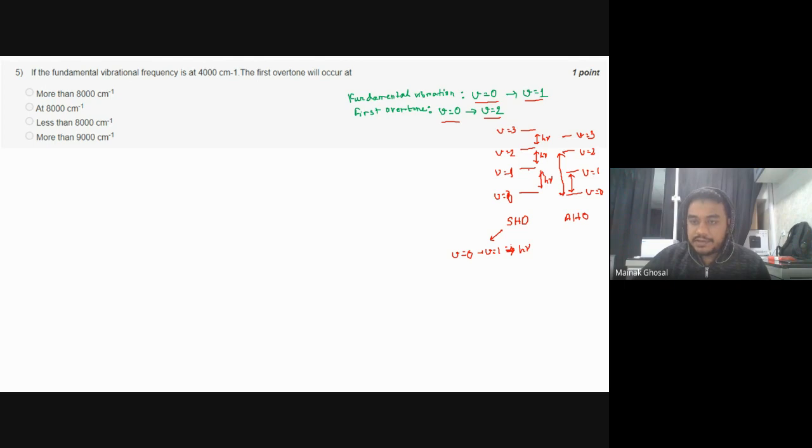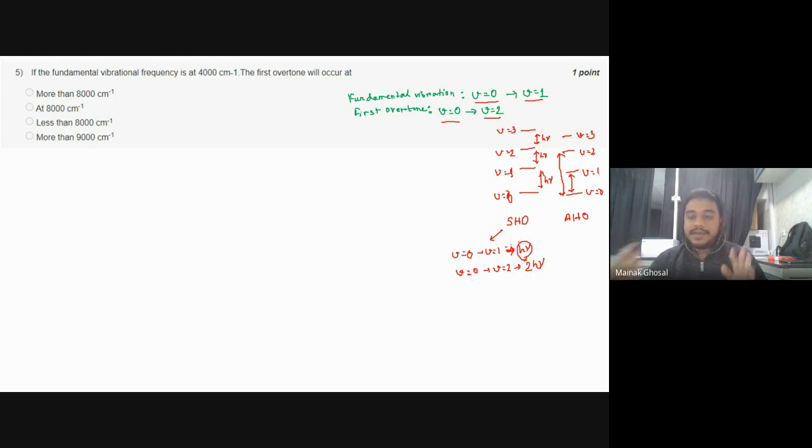H nu. This v equals 0 to v equals 1 is H nu. V equals 0 to v equals 2 transition, what should be the energy? This is H nu, another H nu. This will be 2H nu, exactly.